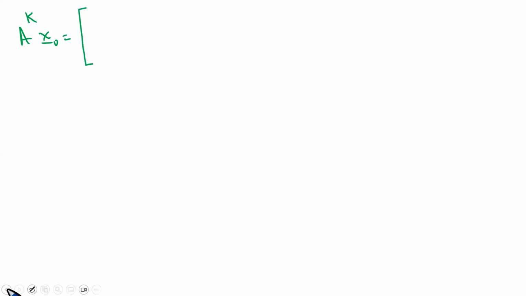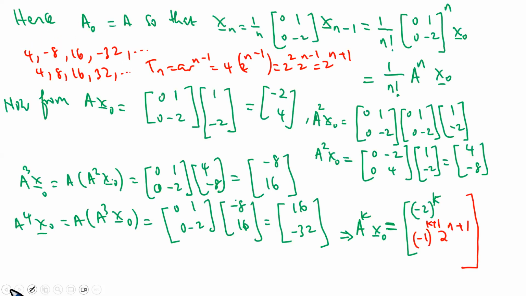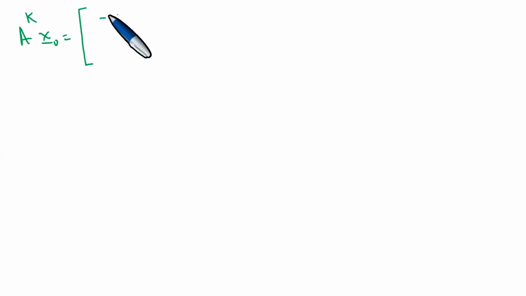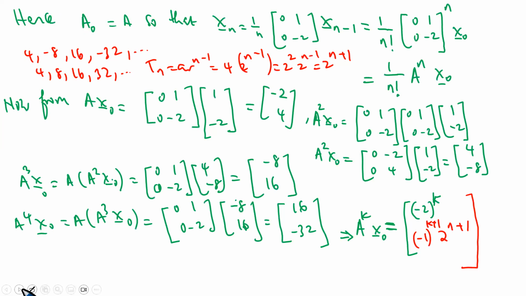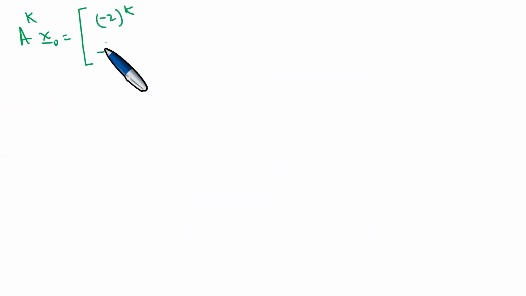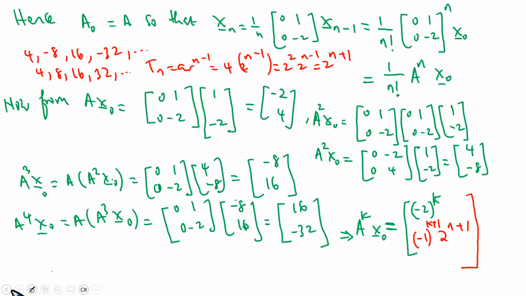Minus 2 to the power k. Minus 1 to the power k plus 1, 2 to the power. What did I write here? Okay, I wrote an n plus 1 here, but because we're dealing with the case, it must just be a k here.